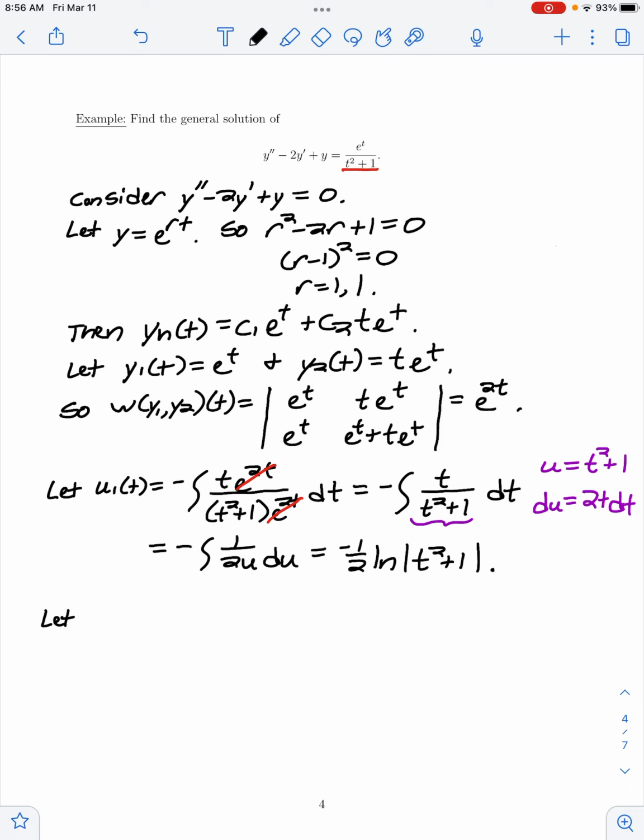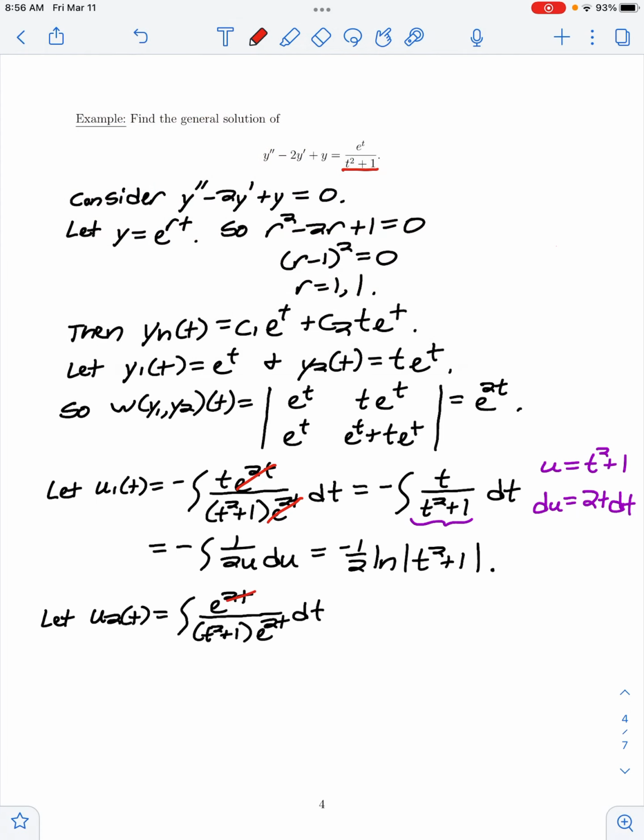And now calculating u2 of t would be the positive integral of y1 times g of t. So taking y1, which was e to the t, times our g of t function, we get a numerator of e to the t squared, or e to the 2t, over t squared plus 1, and then we divide by the Wronskian, which was e to the 2t.